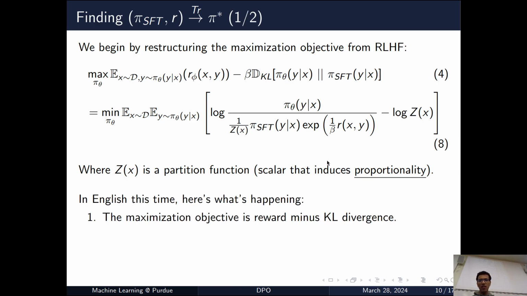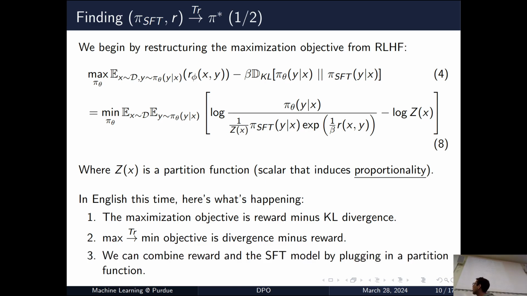To explain it in English, beyond just the equation itself: the maximization objective is the reward minus the KL divergence, and the transformation where we went from maximizing to minimizing is because we are just doing divergence minus reward, and we can combine reward and the SFT model by plugging in a partition function.